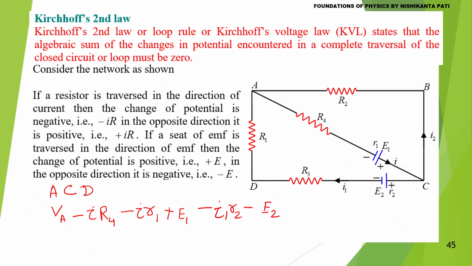Then we will cross this resistor R3. When we reach here, our potential will be this much plus the change, minus I1 R3. So finally we reached D. At D our potential is this much. So this is equal to the potential at D.